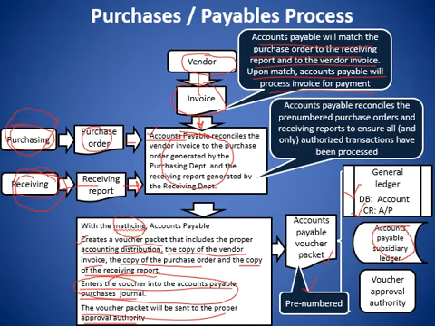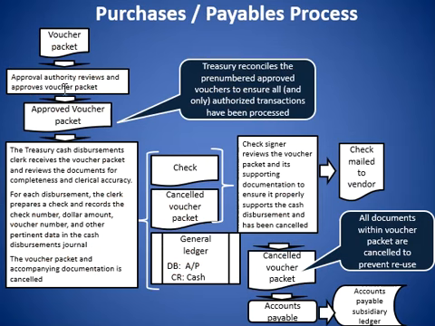Okay, now let's go on to where the voucher packet goes after this. So the voucher packet itself, which has now been matched, the purchase order, the invoice, and the receiver have been matched, then it goes to an approval authority, typically a manager who has some level of authority, who's going to review that voucher packet and ensure that the three documents do match together.